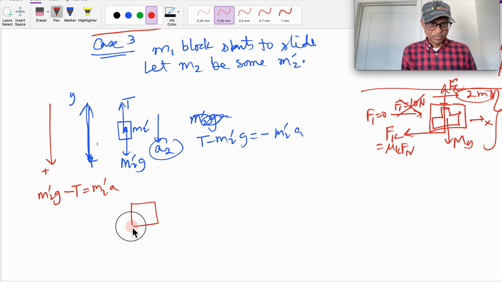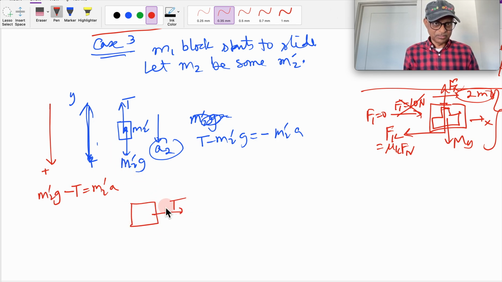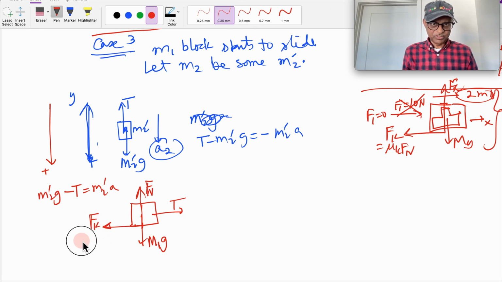So, and this guy will be T, same value of T, because of our assumption. FN equals M1 g. Now we have a Fk, which can be safely said to be mu k FN.